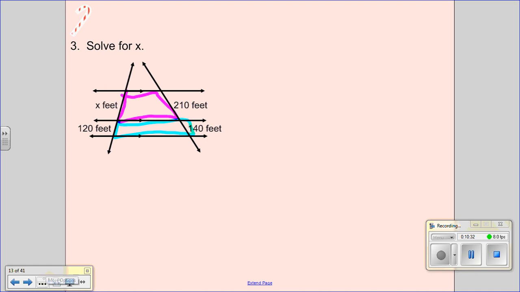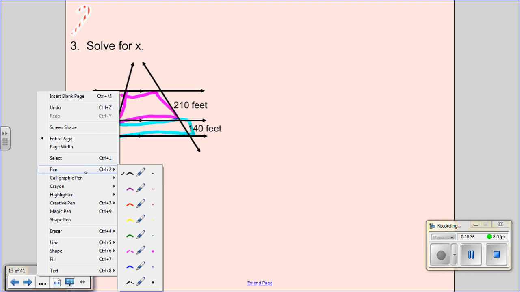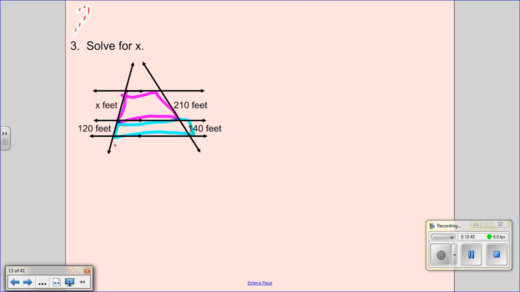But regardless, you have three sets of parallel lines, and the parallel lines, as always, make proportional parts. So that means we could say x is to 120 as 210 is to 140.